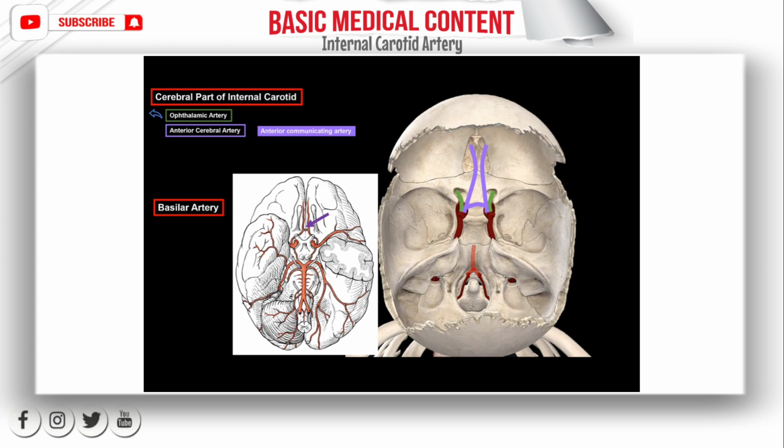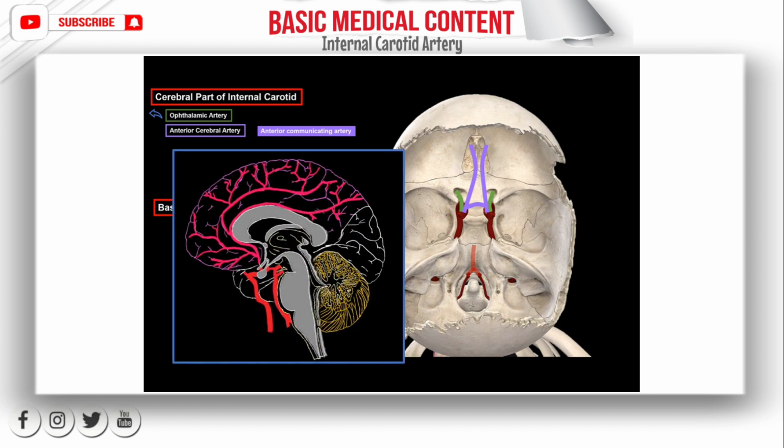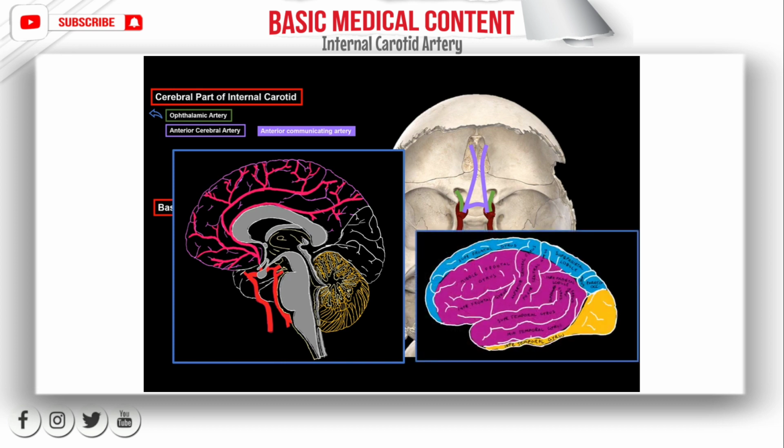Now, essentially, this artery will run along the longitudinal cerebral fissure, as you see here. And if you look where the arrow is and then follow the artery, the whole purple area will be supplied by the anterior cerebral artery. This includes the whole medial surface of the frontal and parietal lobe. And then on the superior lateral surface, the whole blue area on the top is supplied by this artery.